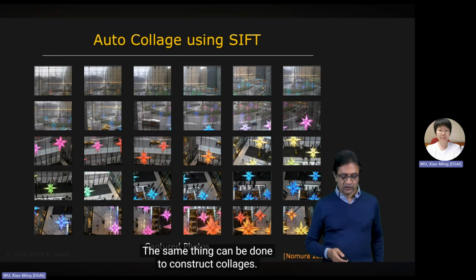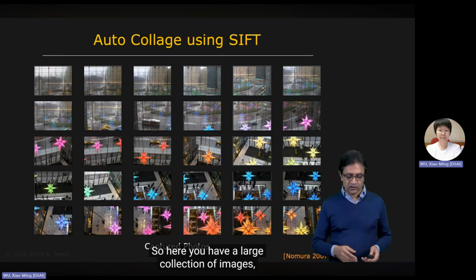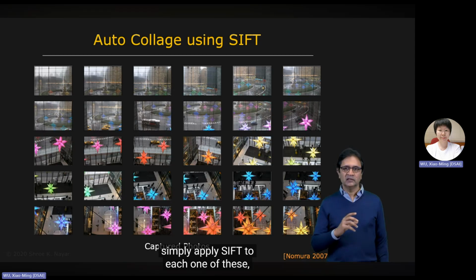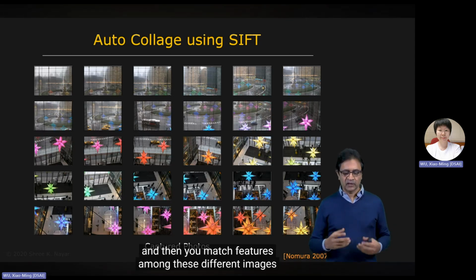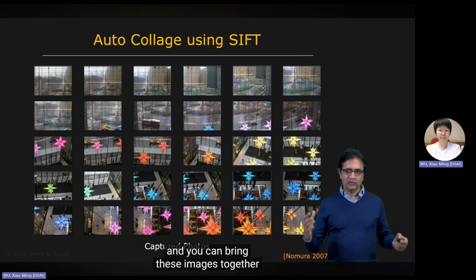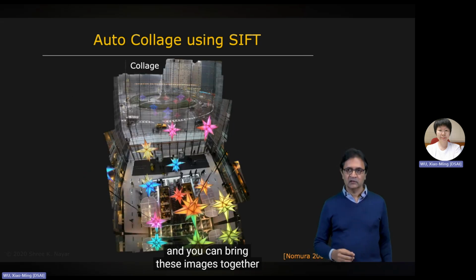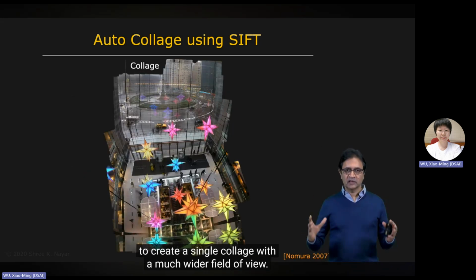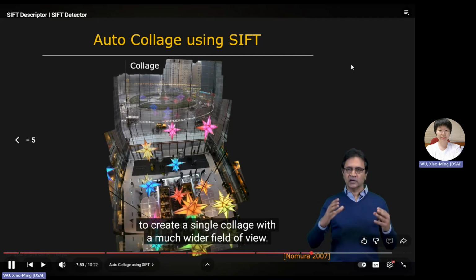The same thing can be done to construct collages. So here you have a large collection of images. You simply apply SIFT to each one of these, and then you match features among these different images, and you can bring these images together to create a single collage with a much wider field of view. So this is quite amazing.